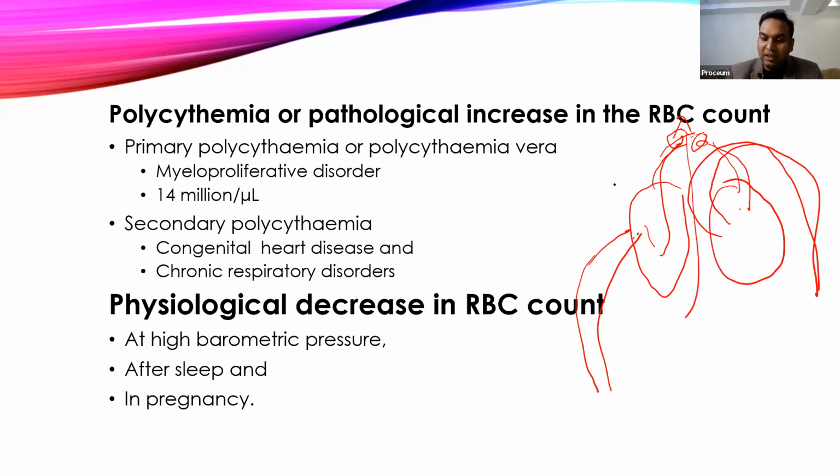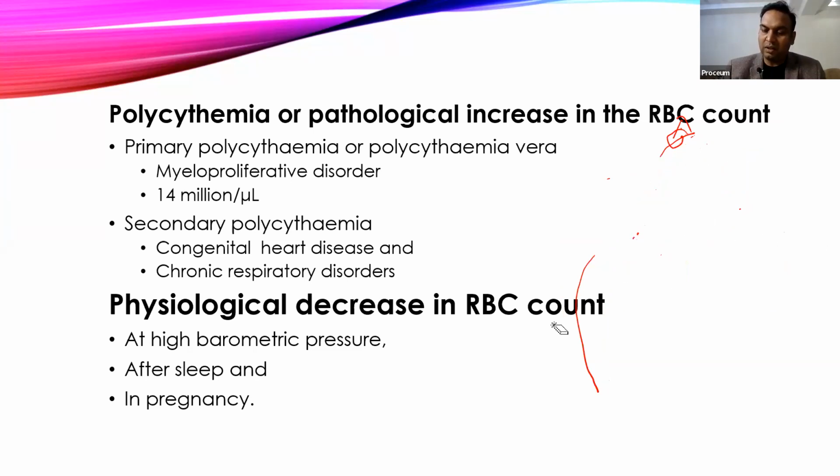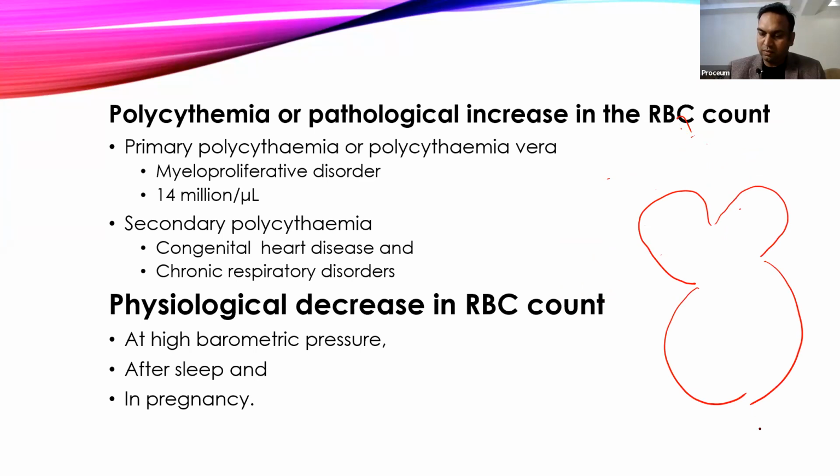So this portion contains deoxygenated blood, and this portion contains oxygenated blood. Okay, so I will draw it again. So this is the right side of the heart, and this is the left side. So the right side contains deoxygenated blood.